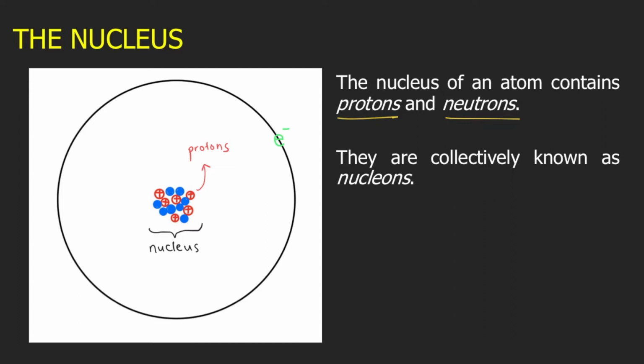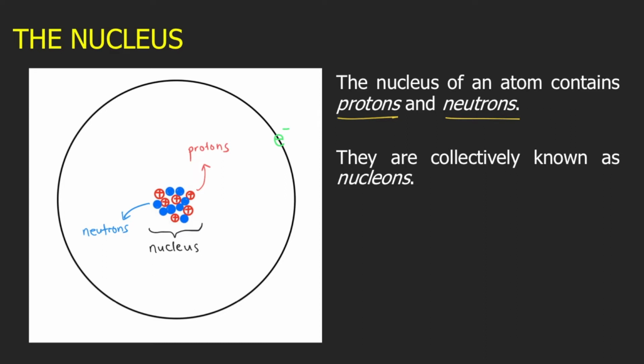On the other hand, the blue ones are what you call the neutrons. As you can see, neutrons are neither positive nor negative because, as the name implies, neutrons are neutrally charged. So they're neutral.